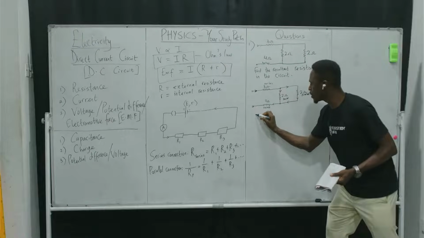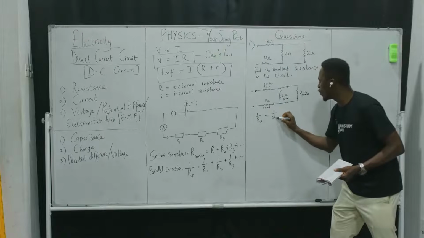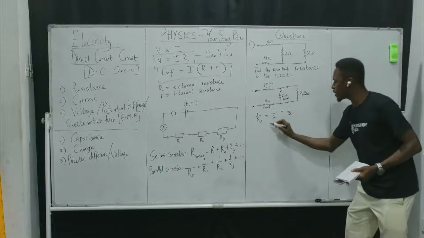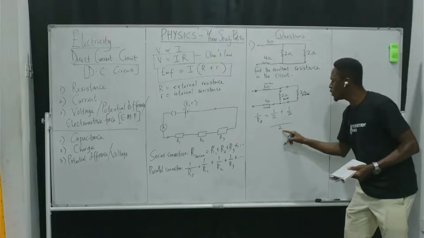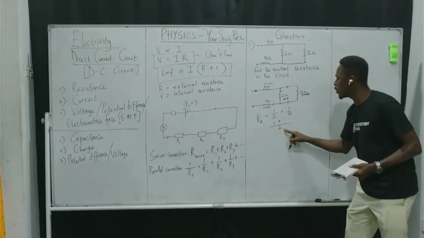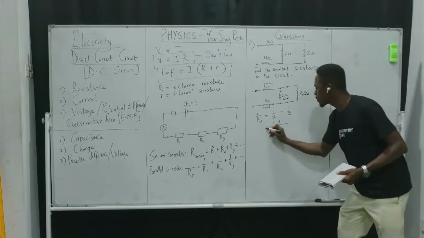Parallel connection. We say 1 over R parallel should be equal to 1 over 2 plus 1 over 2. When we have this, the LCM is 2. 2 will go into 2 and 1, 1 multiplied by 1, 1, plus 2 will go into 2, 1, then multiply by 1, you have this.